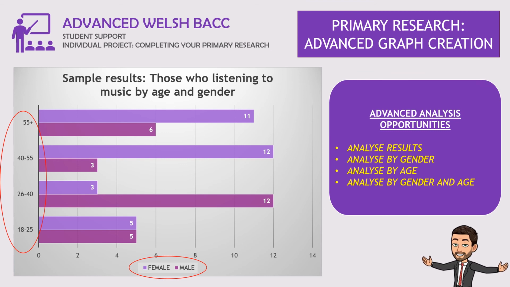So as I mentioned, the advanced analysis opportunities by doing graphs like the one you see on screen now give you the ability to not only analyze your results, but analyze your results by gender, analyze your results by age, and then another level, analyze by gender and age.